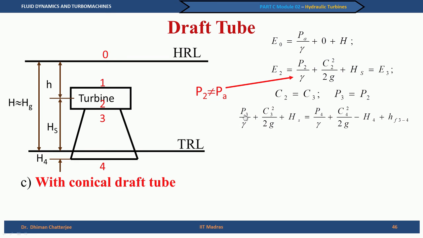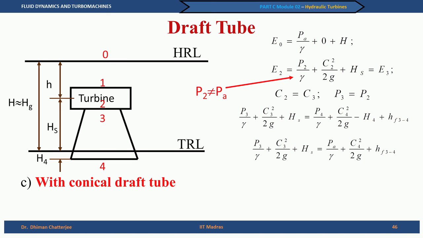So, I repeat, P3 by rho g plus C3 square by 2g plus Hs is equal to P4 by rho g plus C4 square by 2g minus H4 plus Hf324, and hence we can write that this P4 by rho g minus H4 is nothing but my atmospheric pressure Pa by rho g, and we can say that Pa by rho g plus C4 square by 2g plus Hf324 is equal to P3 by rho g plus C3 square by 2g plus Hs.